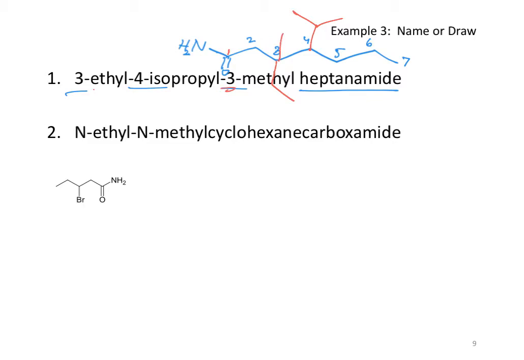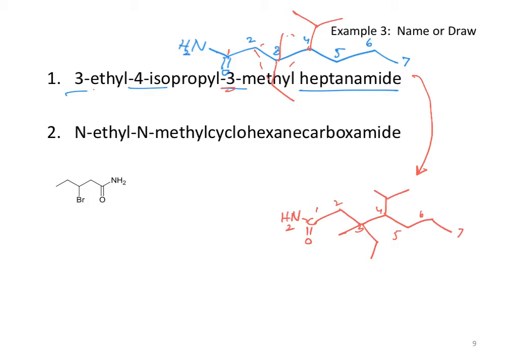You could have drawn it like that so it still looks like a tetrahedral. Or you could show that's a CONH2, 3, 4, 5, 6, and 7. Fourth has the isopropyl, ethyl and methyl. You could show it like that too.